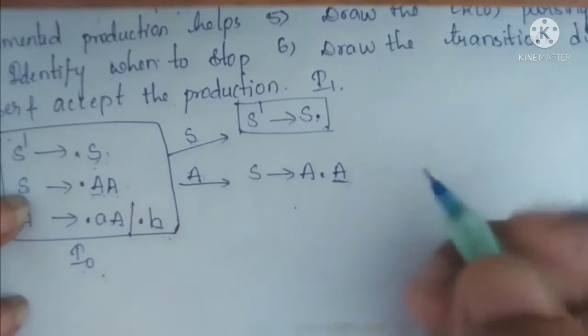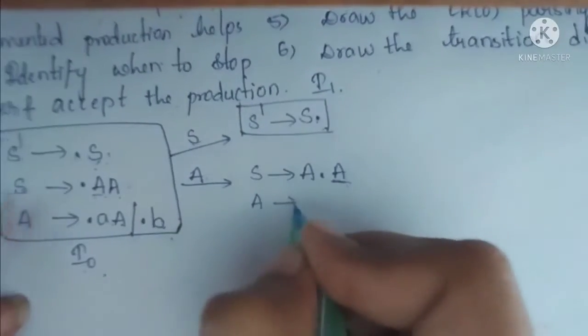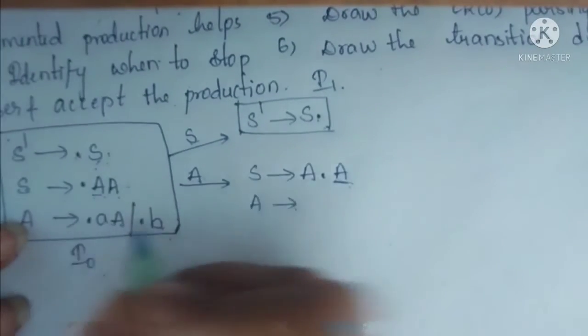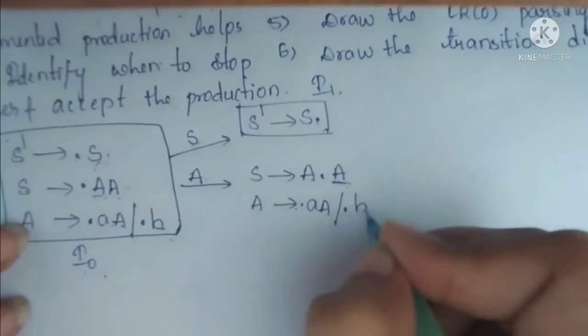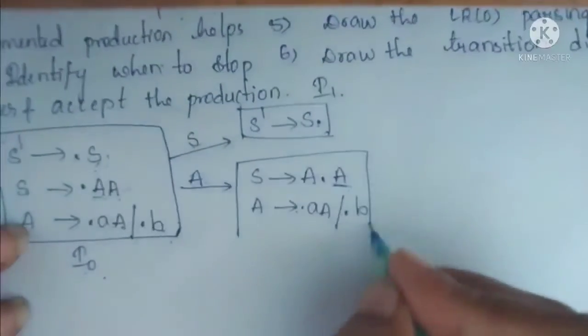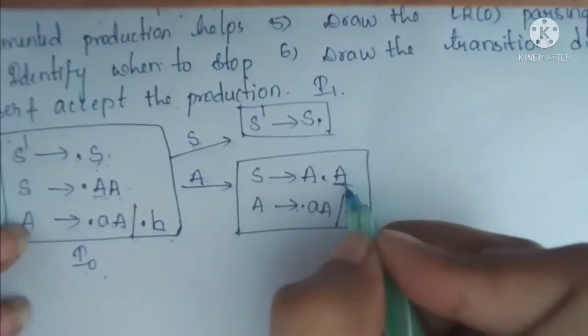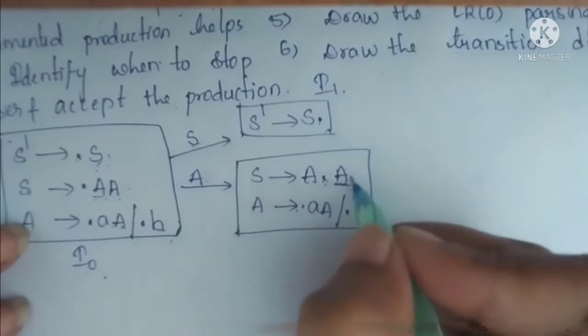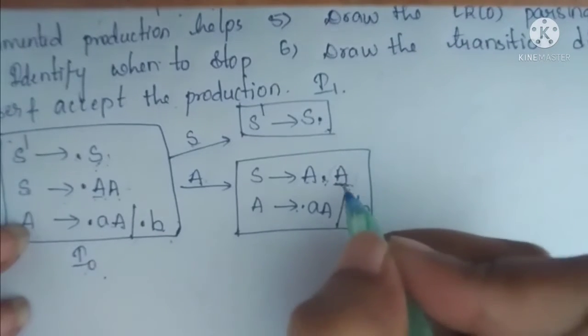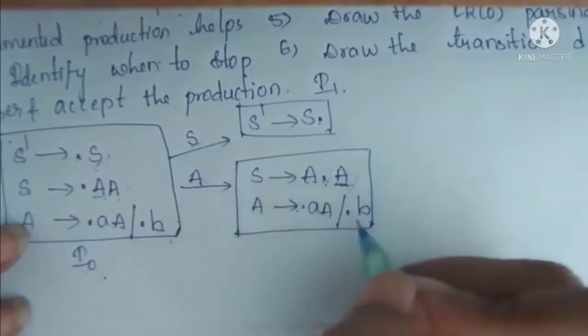What is the A production? A tends to dot A capital A, or dot B. You have to add this A production also. Why? Because after shifting the dot one position, we are having the non-terminal, so for that non-terminal we are writing the productions.